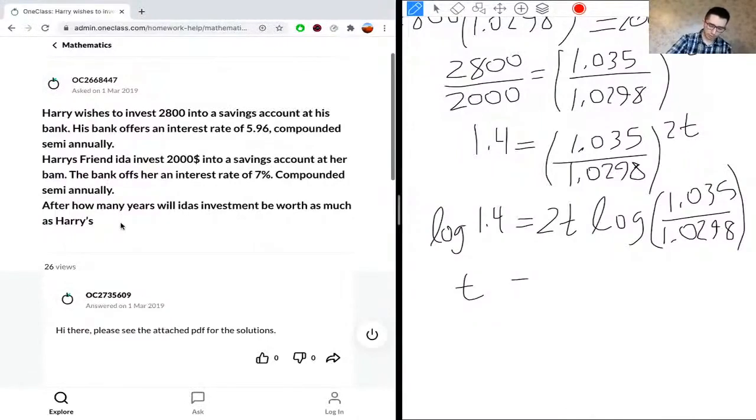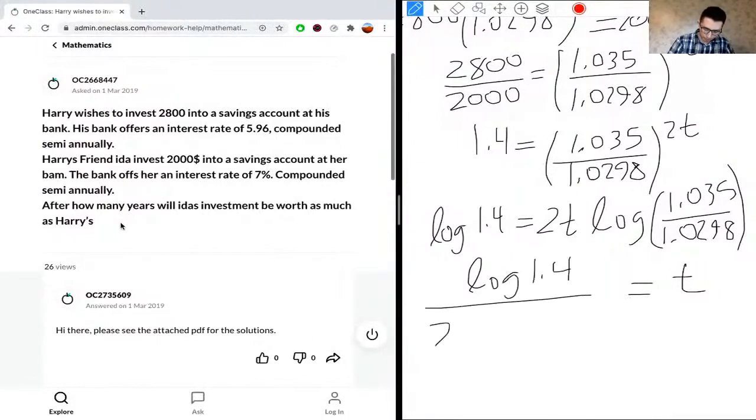Let's keep t on the right side here for now, so it's a little more clear. So t equals, and we'll divide everything to the other side. We'll divide by 2 log (1.035 divided by 1.0298). So we'll have log 1.4, which was already on the left side, divided by 2 log (1.035 over 1.0298).